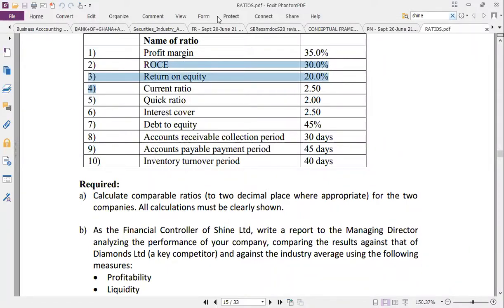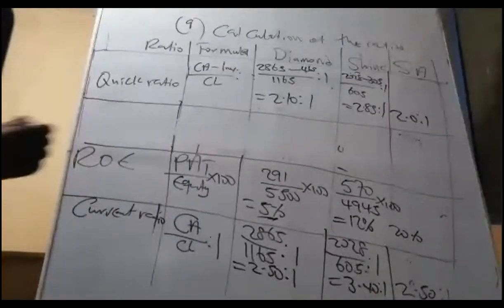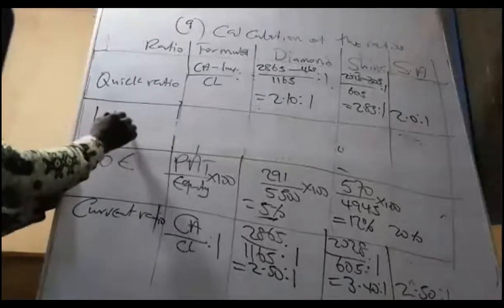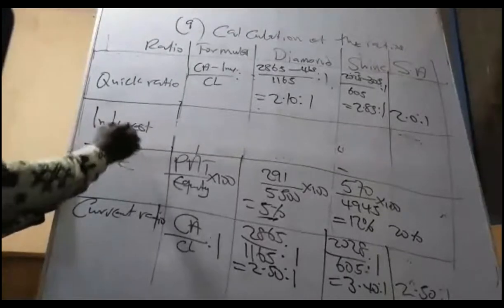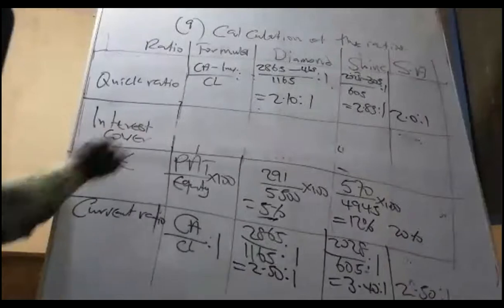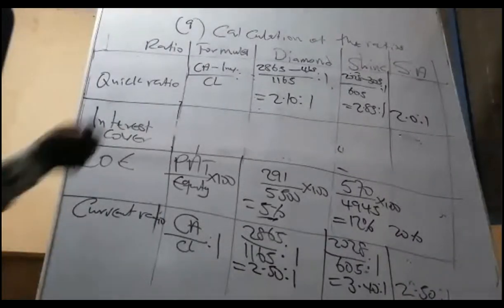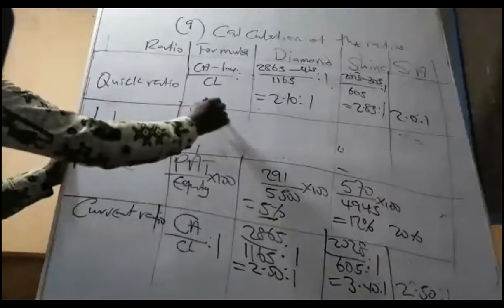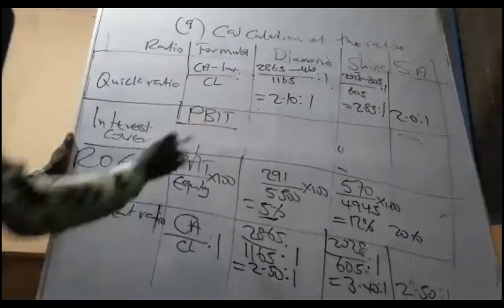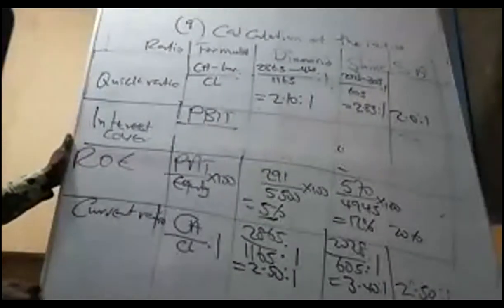So the next one is interest cover. What is the formula? Profit before interest and tax, all divided by the interest expense.